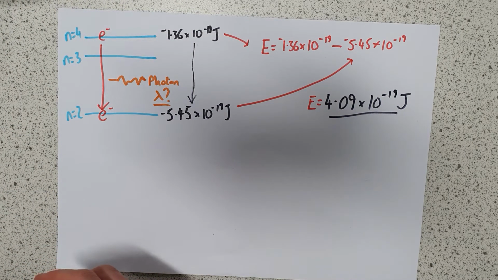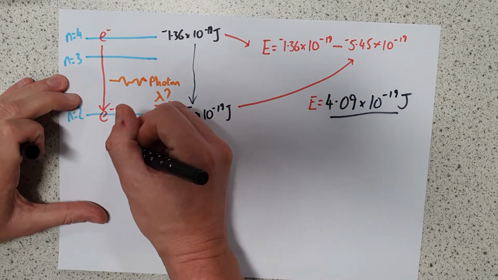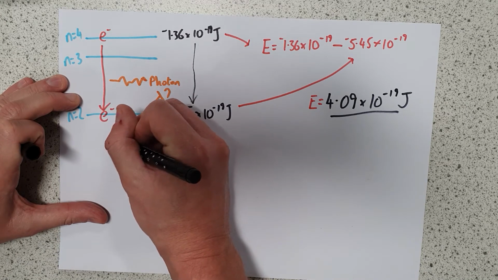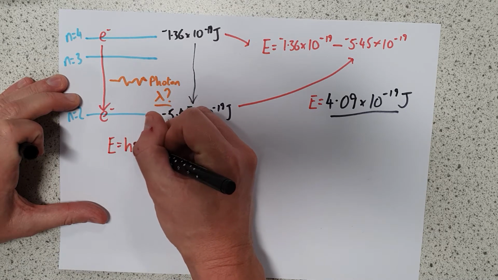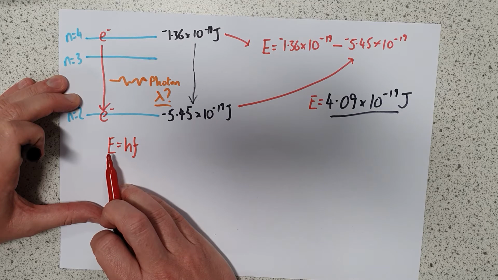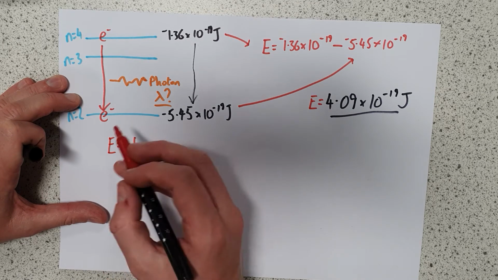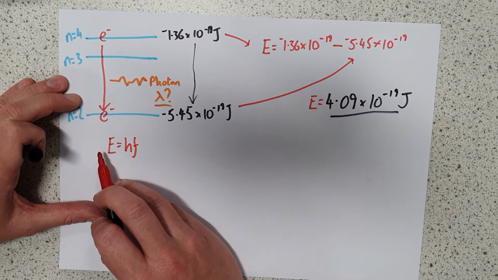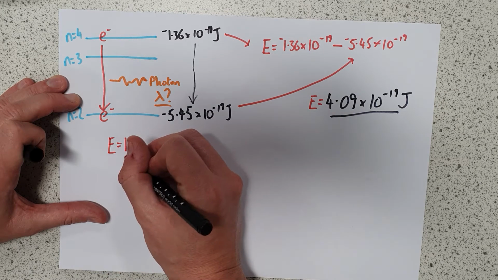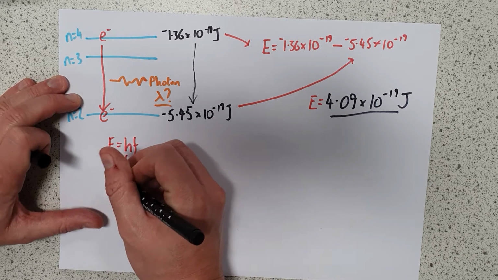What we now need to do is use a formula. The formula that we're given on the formula sheet is this one: the energy is equal to Planck's constant multiplied by the frequency. We know the energy because it's here. We will also know Planck's constant because we're given it in an exam situation.